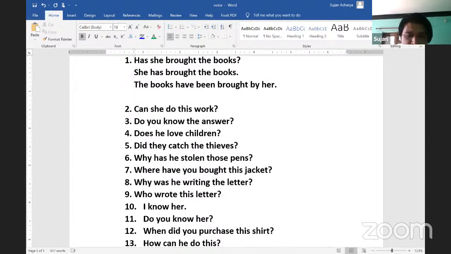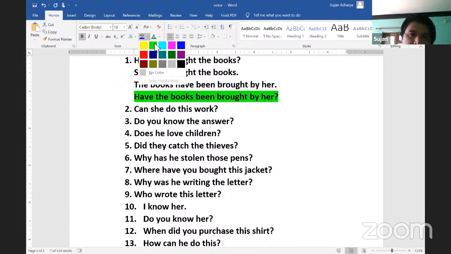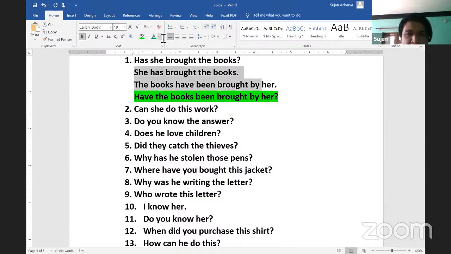Now make a question. Have the books been brought by her? This is our answer. We are going through the process, okay? It's only a process for how to make question sentences. If you know how to answer, fine. You can answer this in one step, no doubt.